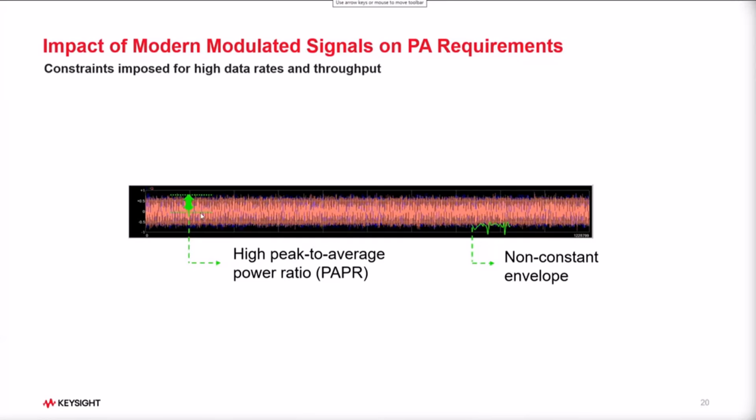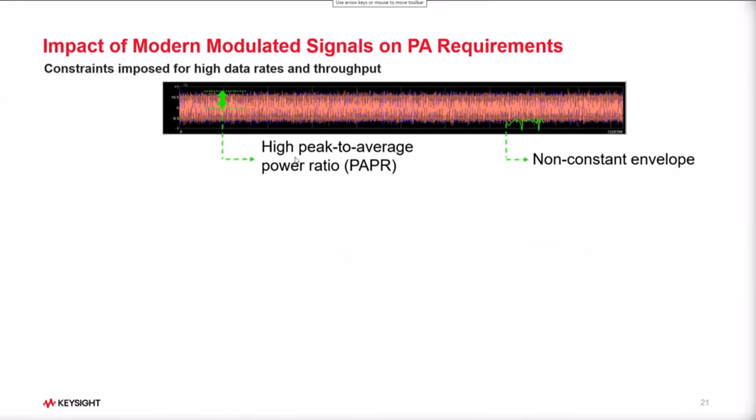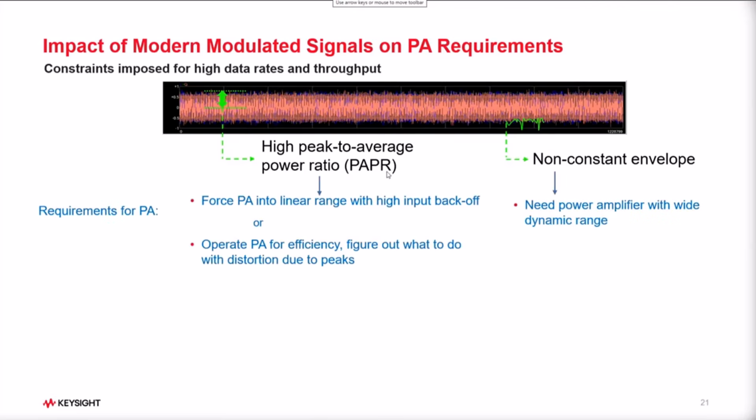And that's what this picture is depicting. You have waveforms which have high peak to average ratio. You have envelopes which are widely swinging, non-constant envelopes. When you deal with this, if you're a PA designer and you have to achieve linearity, what do you do? You apply back off. That means you operate away from your compression point.